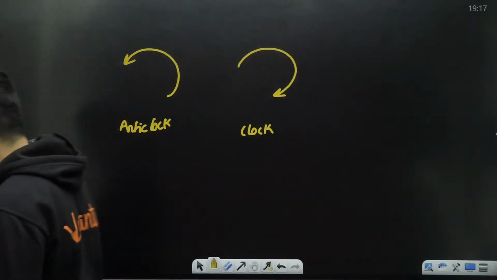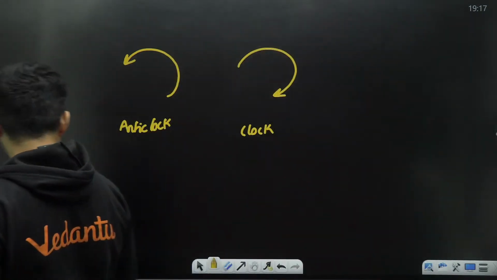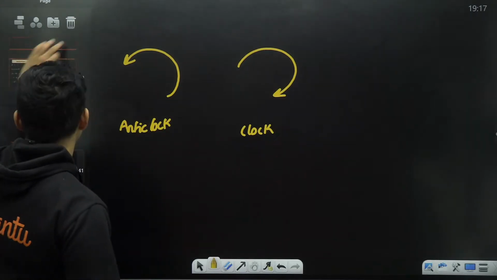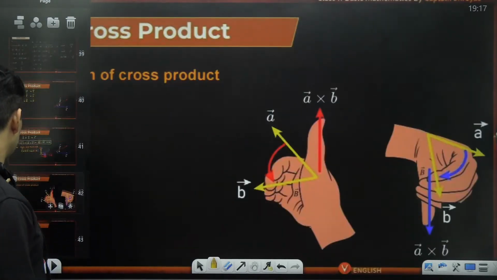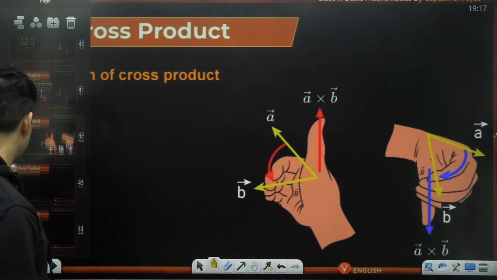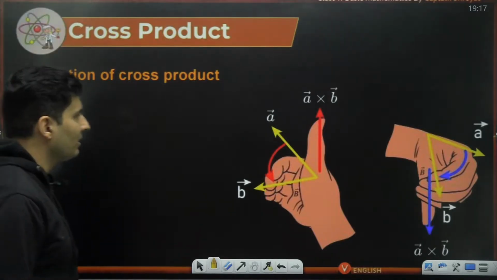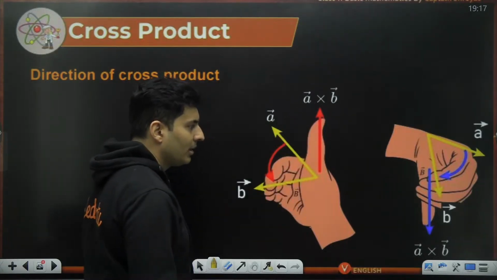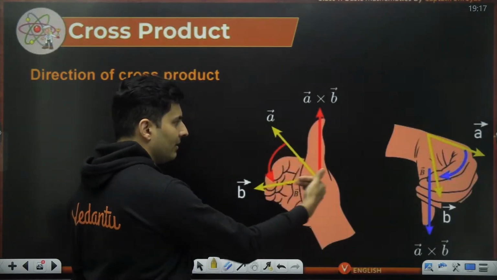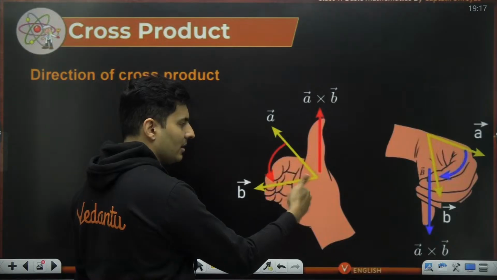Is this absolutely clear, everyone? Okay, beautiful concept. But you should know one thing: the direction of the cross product. If you do A cross B, if it is up, see, A is this way, B is this way, A cross B will go up.